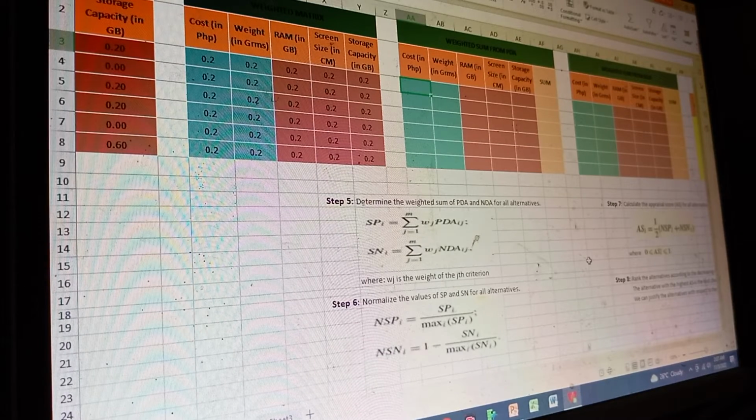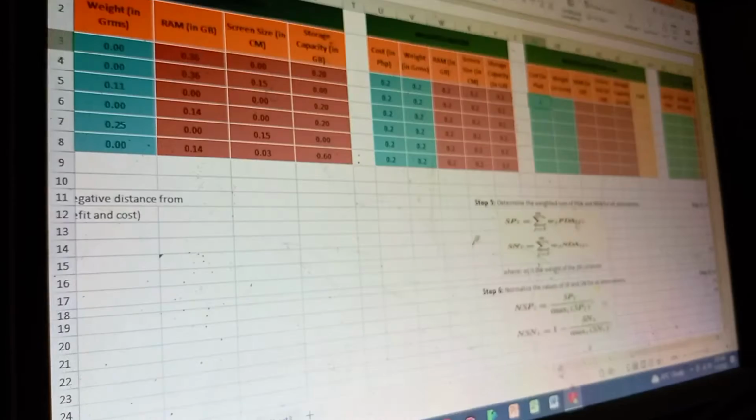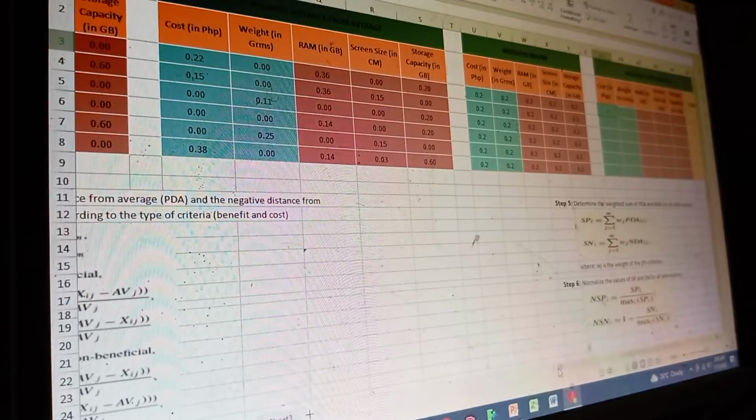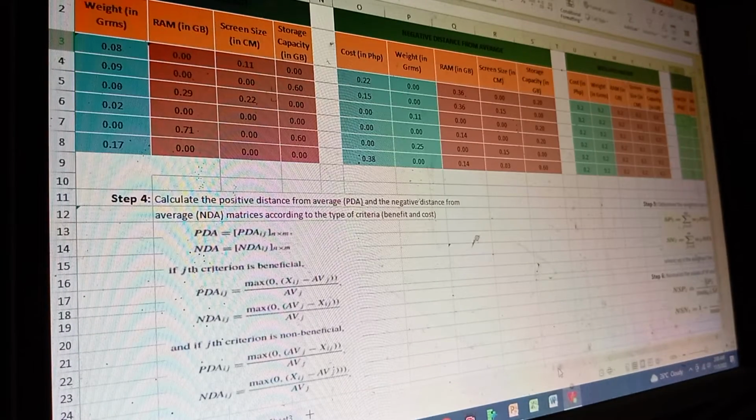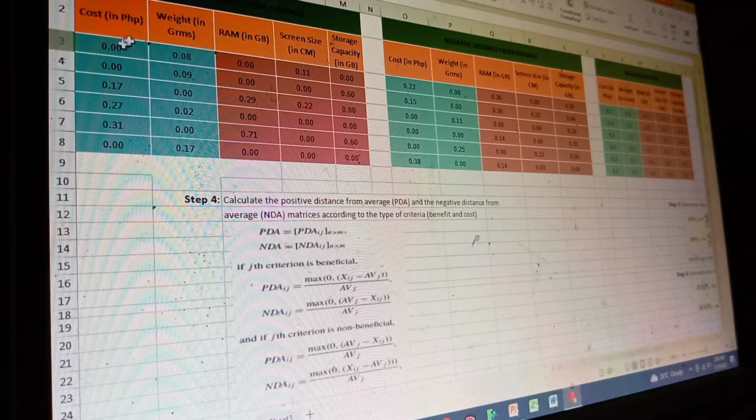We will have this equals this value from positive distance from average times this one.